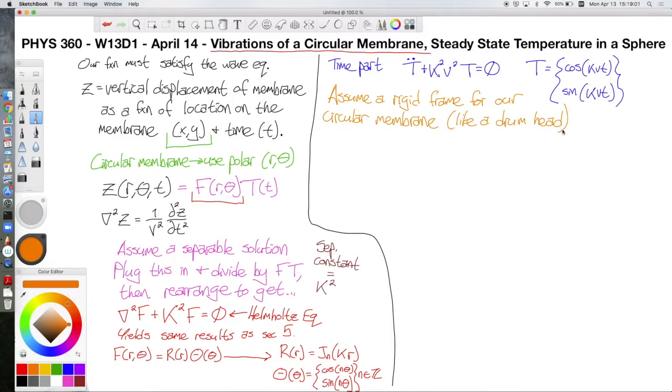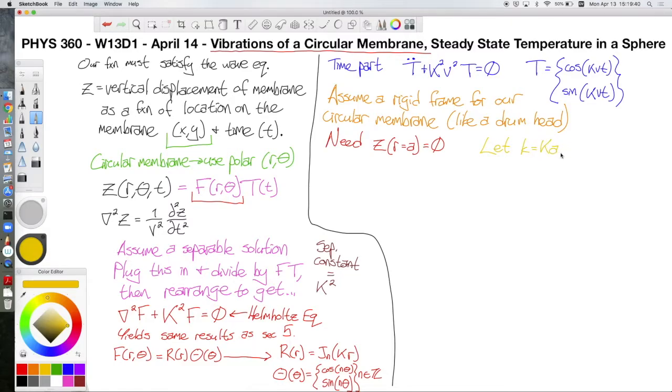And a drum head is fixed all the way around the circumference. So that means that the displacement along the perimeter of this circular membrane has to be 0. So now we are going to define a new quantity. We are going to let k equal kappa times a.